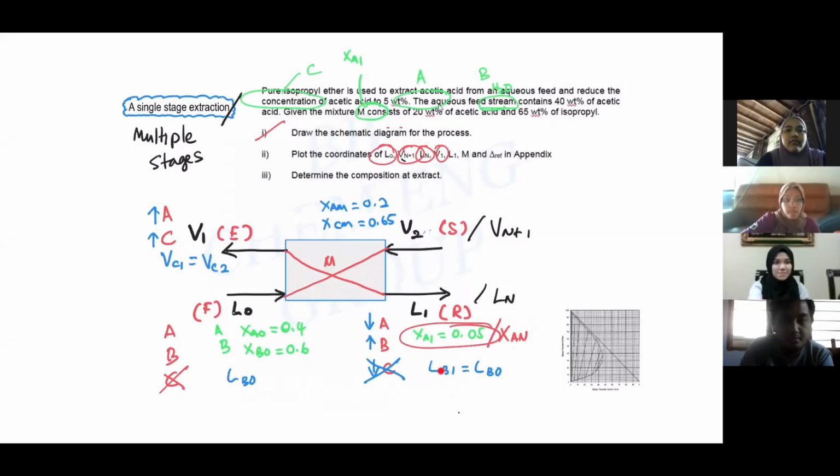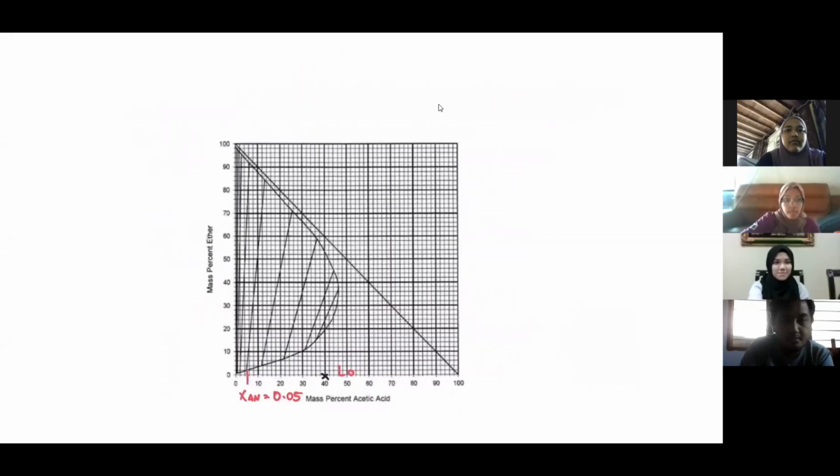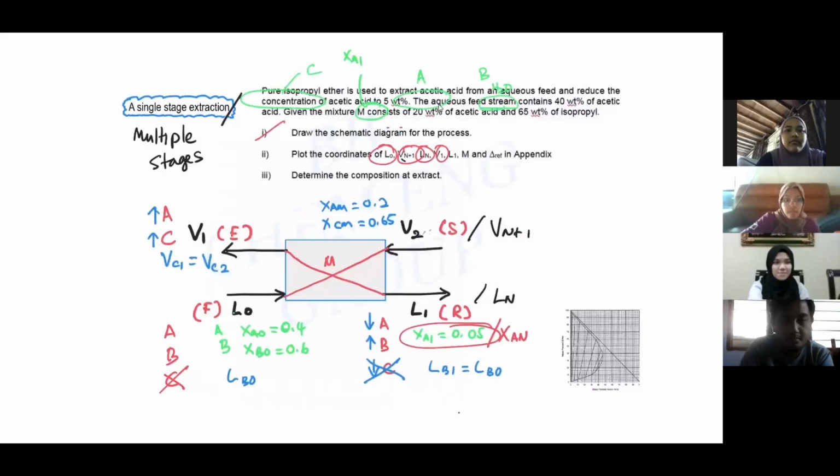You don't have LB, and you don't have the B component or C component. But from the graph, if you want the value of C, you just bring it over here and draw a horizontal line. That will give you the value of XCN, which is about 0.02. So you don't need to calculate using the material balance. Now you have XCN equal to 0.02 from the graph.